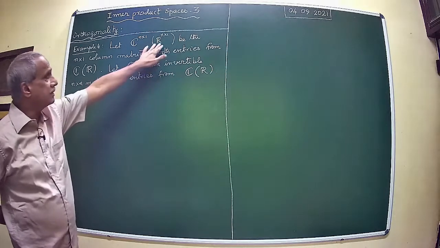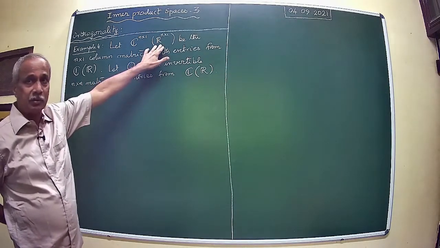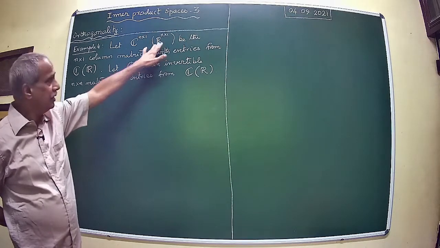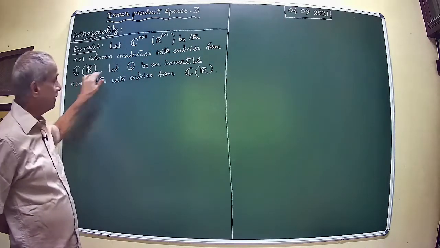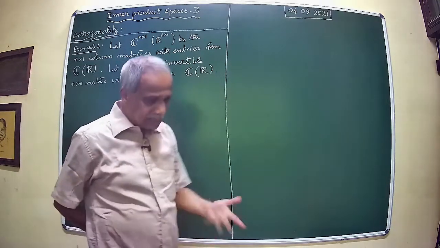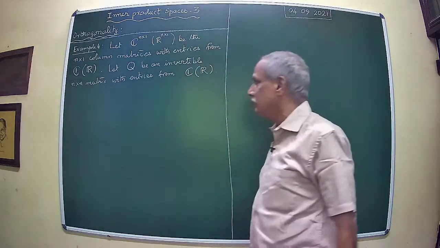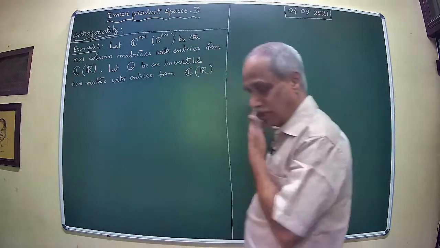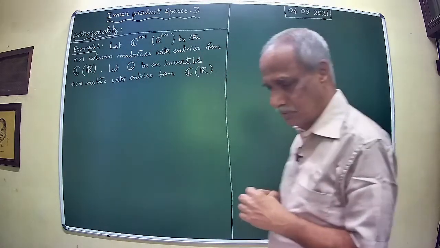If you are reading with R n cross 1, that means on the real space, then you would have to use R. It is not CR, it is actually C or R. So don't get confused with it.